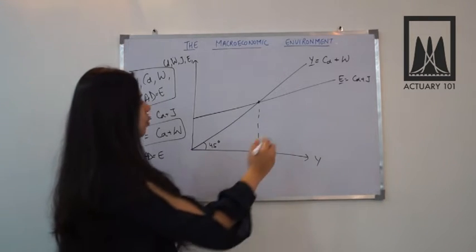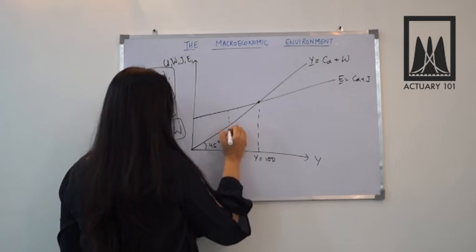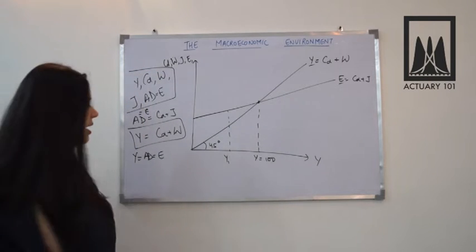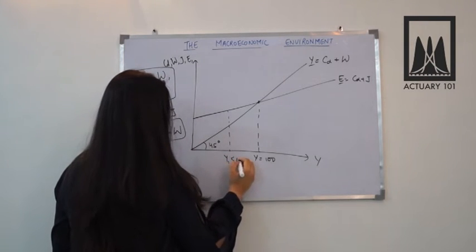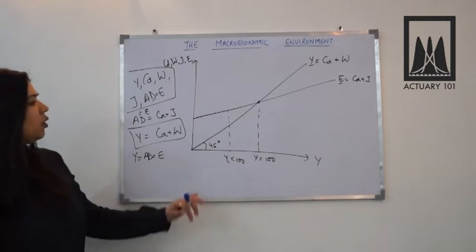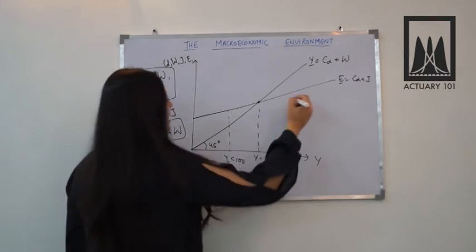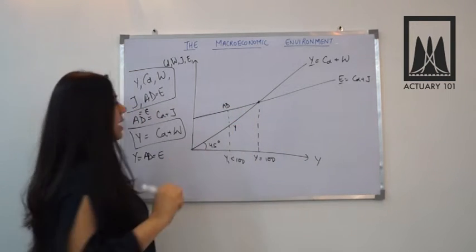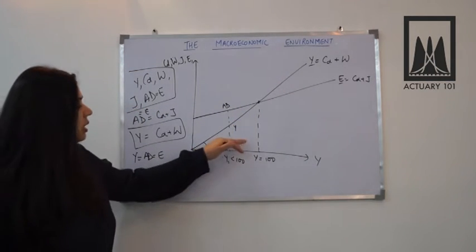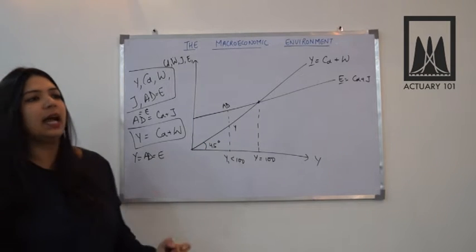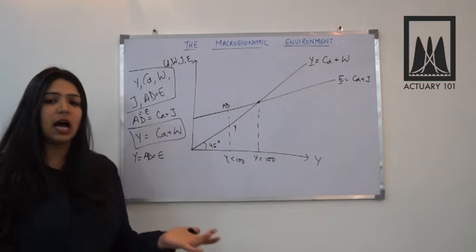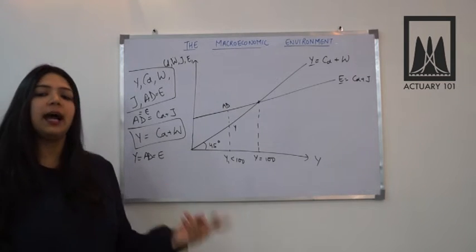Now let's see what happens if suppose my national income is at Y1, say anything less than 100. Now here what is happening is that aggregate demand is more and income is less. When I say the national income is less, I mean that national income is the output. We've seen that national income comes from the GDP, and GDP is what?